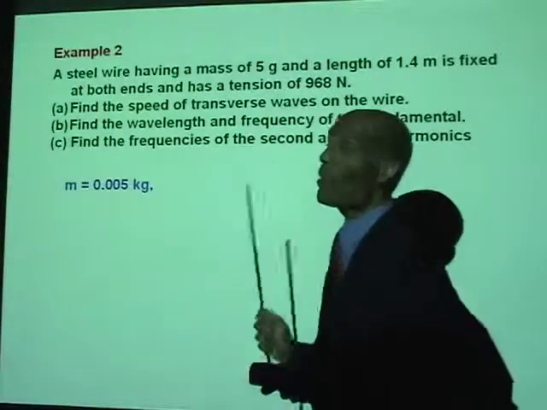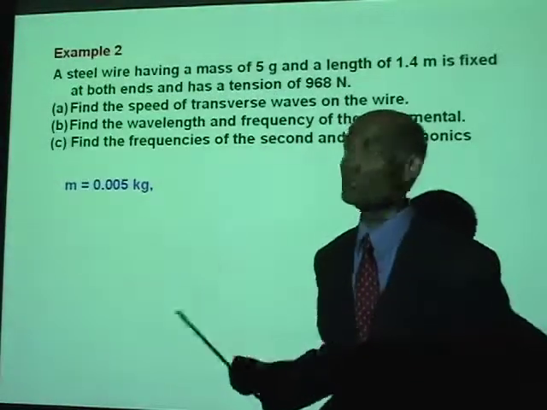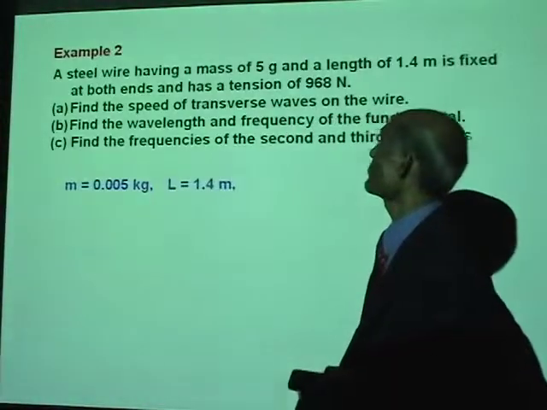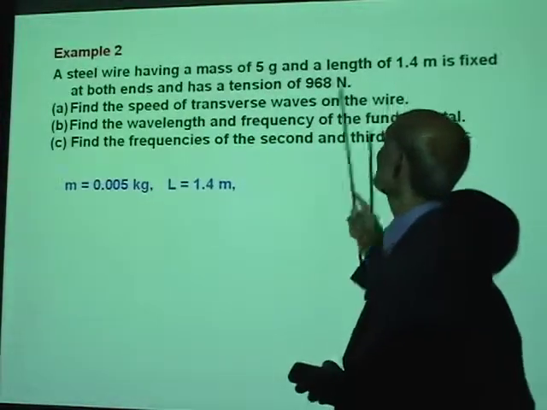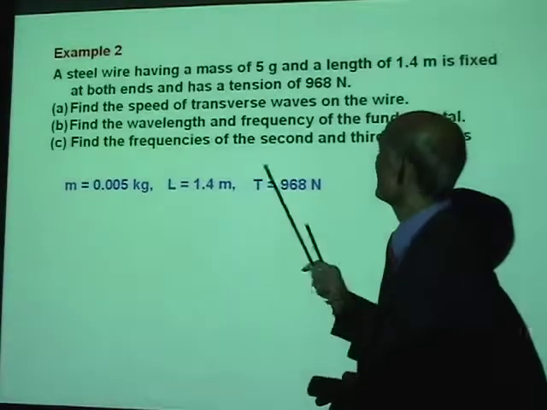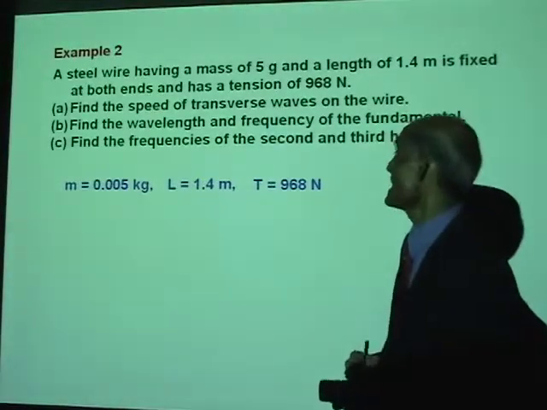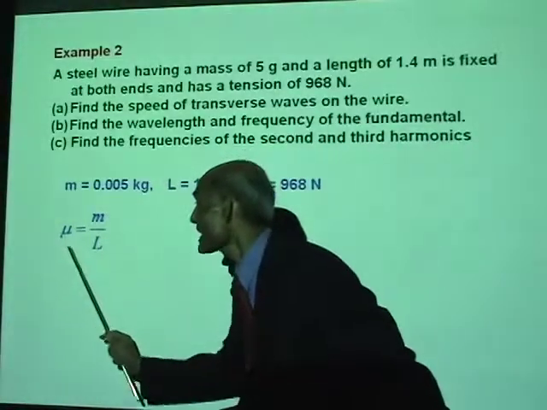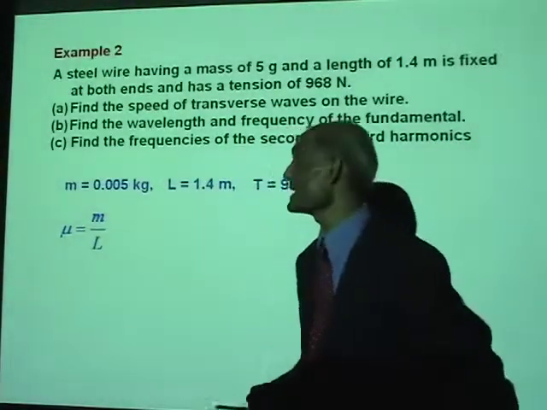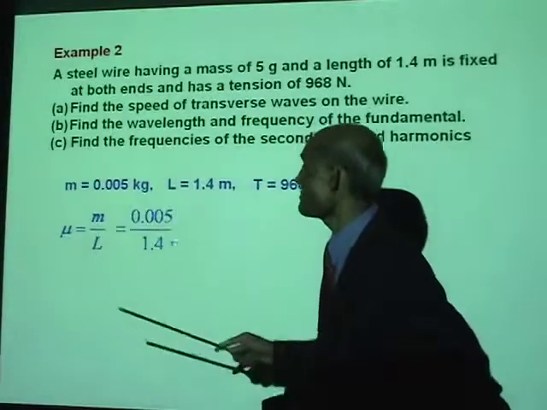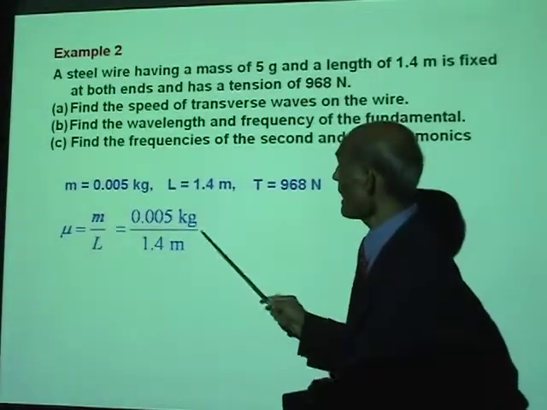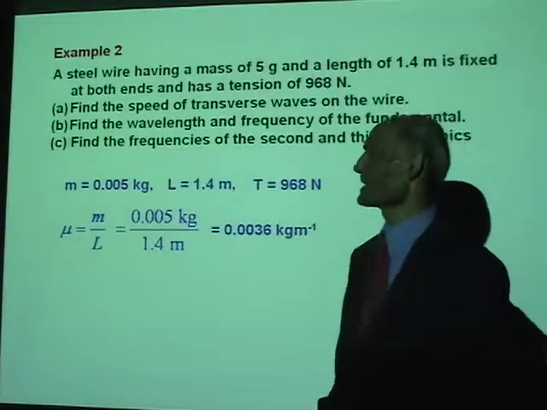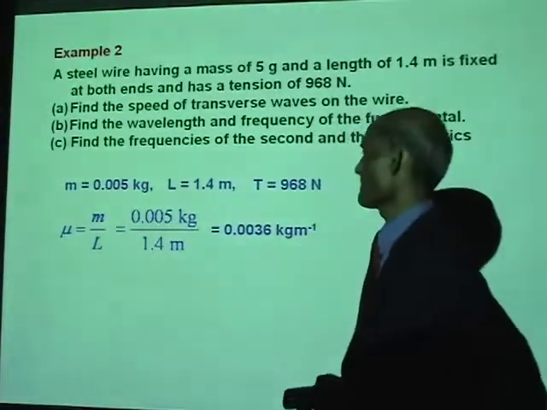Mass of the string, always remember to use the proper unit. 5 grams is 0.005 kilograms. The length of the string is 1.4 meter. The tension is 968 Newton. So first we calculate mu, the mass per unit length. Mass divided by the length, and that's equal to 0.0036 kilogram per meter.